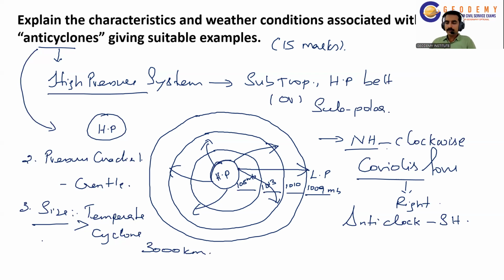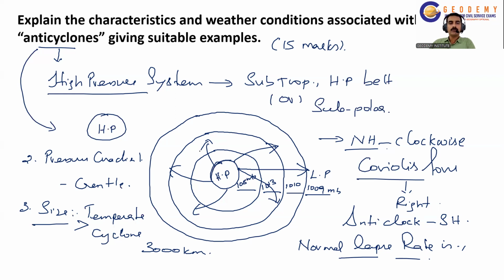Then the wind descends from the upper part of the atmosphere. Here the normal lapse rate is reversed. This is another characteristic: the lapse rate is reversed due to the descending of the air mass towards the center. Then it moves over oceans and continents.